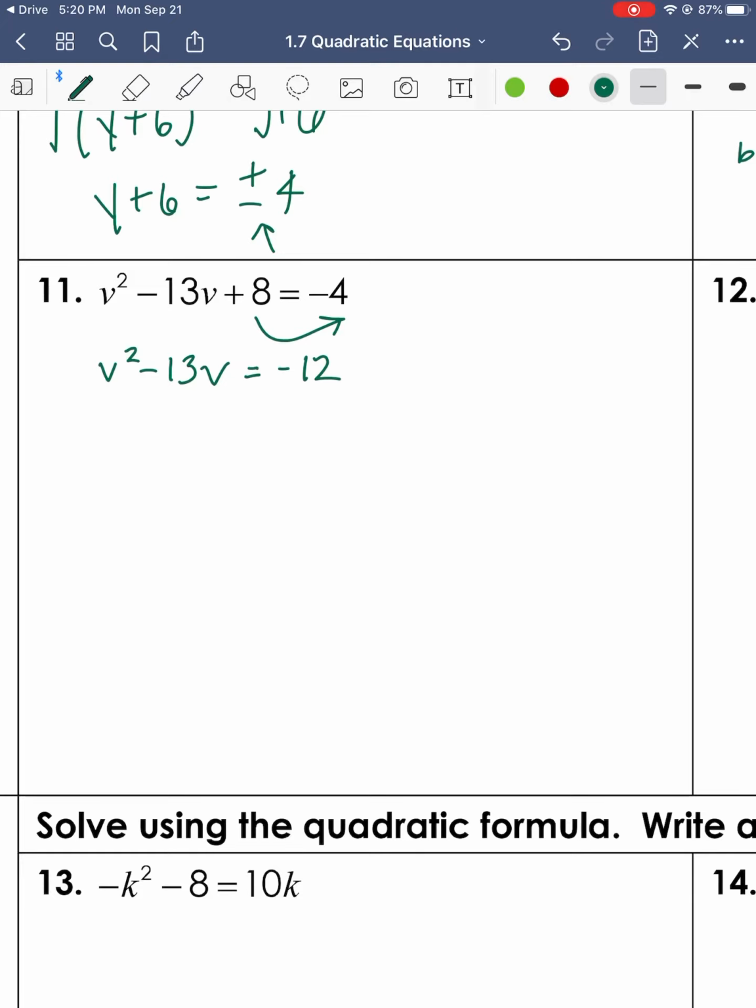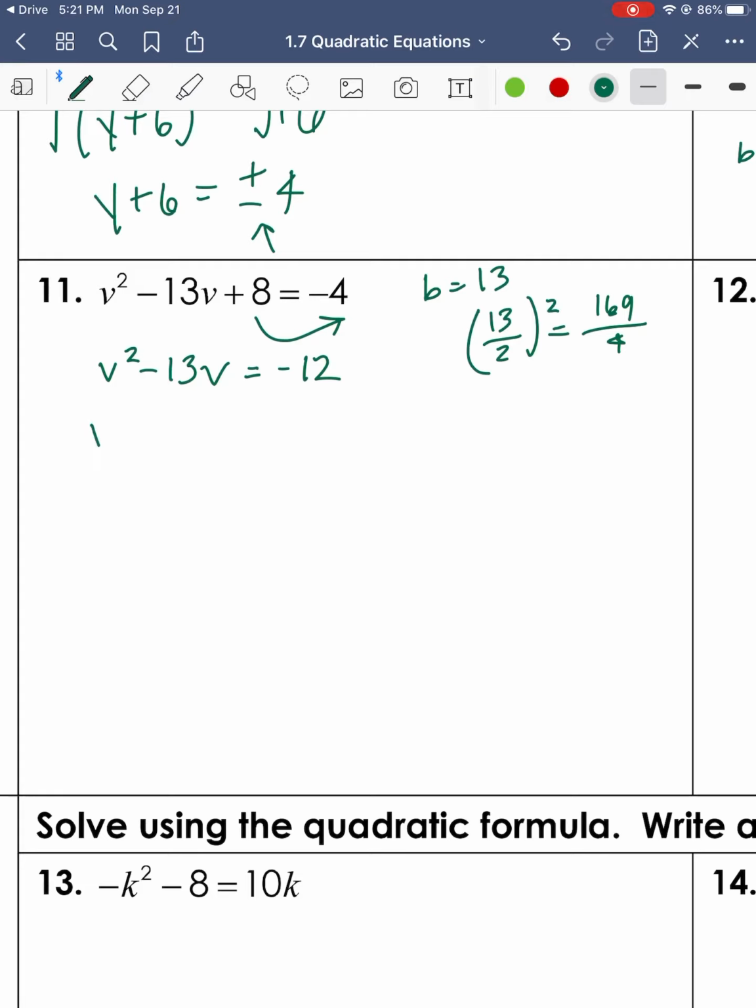Okay. We're going to take half of b, so b is equal to 13. Half of b is equal to 13 halves. Sorry, that's not what b is equal to, but half of it is 13 halves, and then we're going to square it, which is 169 over 4.